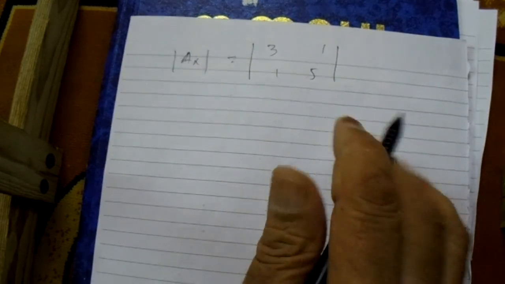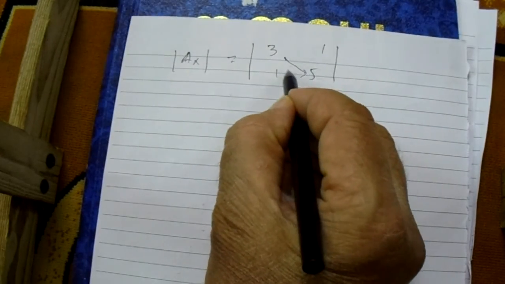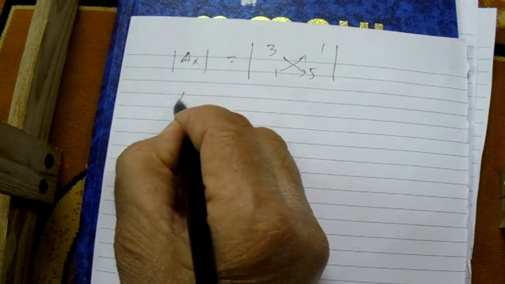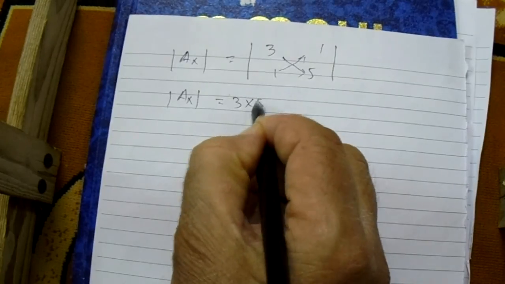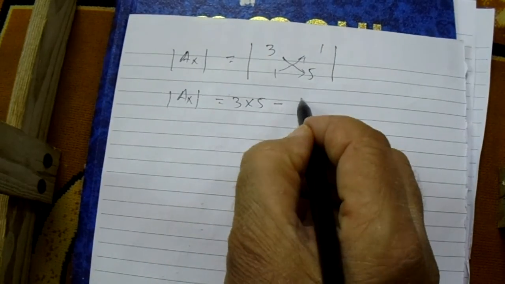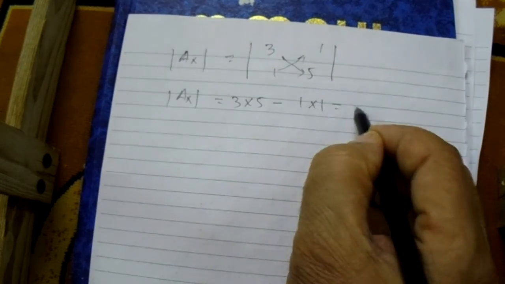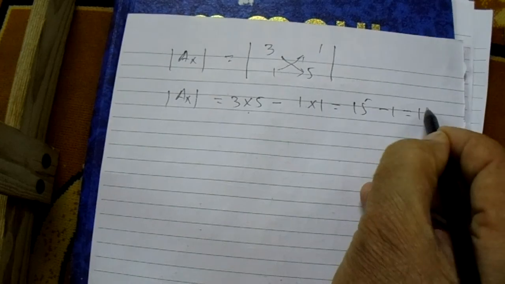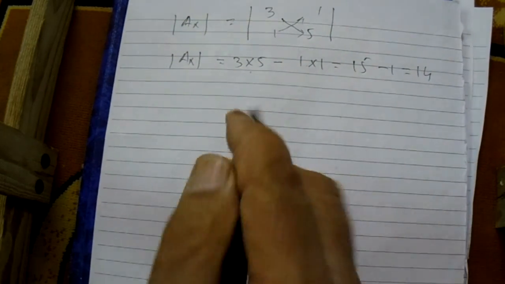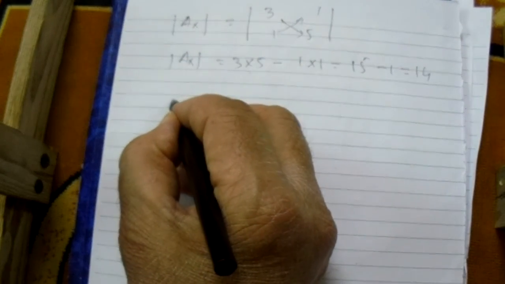We multiply these values: det Ax is equal to 3 multiplied by 5 minus 1 multiplied by 1, which is equal to 15 minus 1, which is equal to 14.